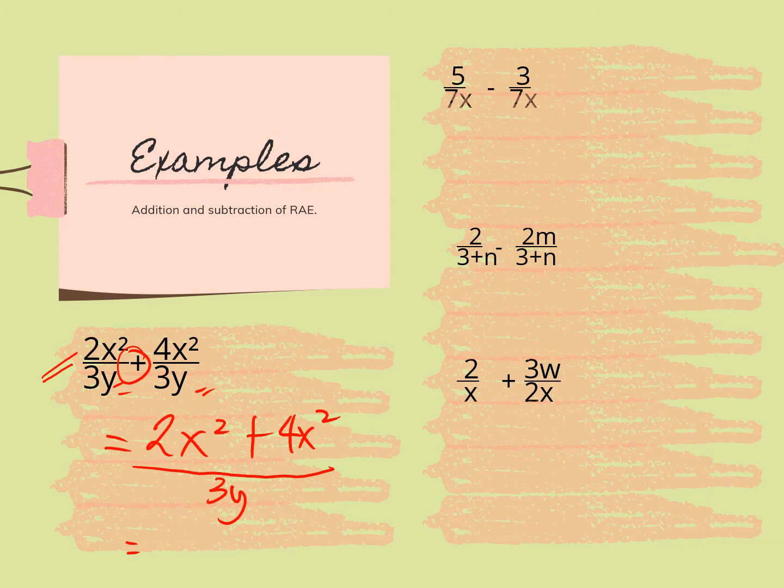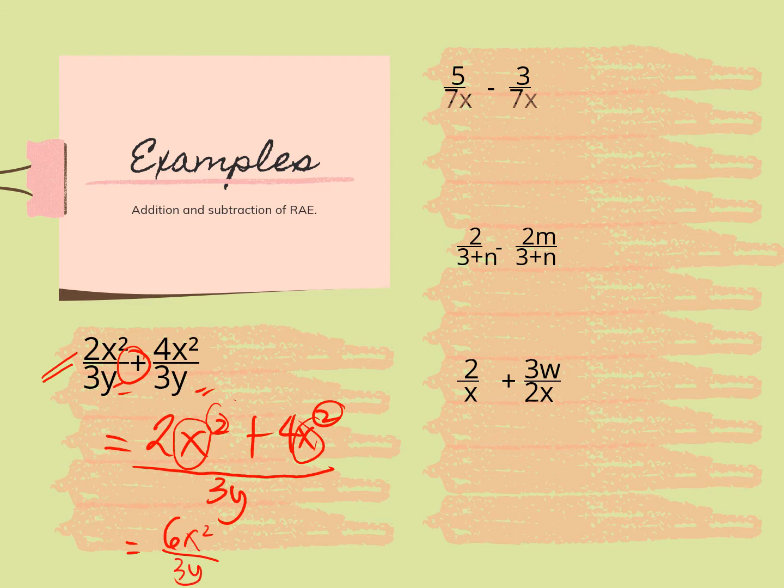We can say they are like terms if they have a common variable with the common exponent, which I think applies here. So we can add their numerical coefficients: 2 plus 4 is 6. Copy the variable: 6x squared over 3y.